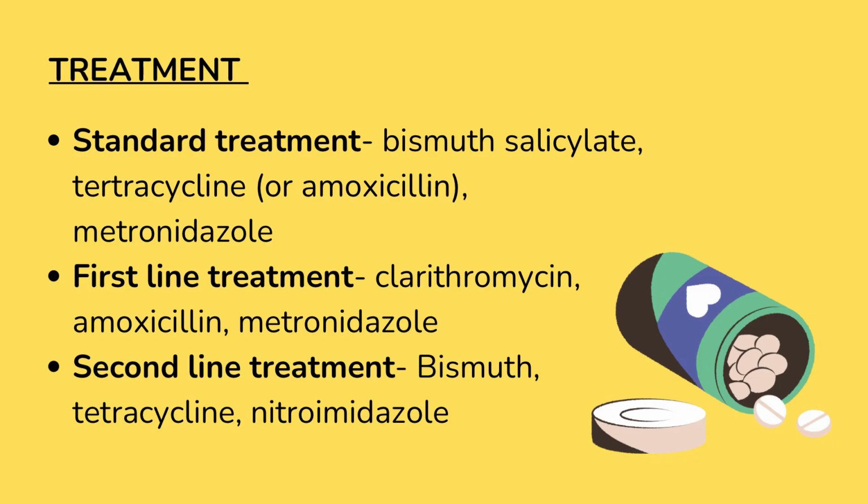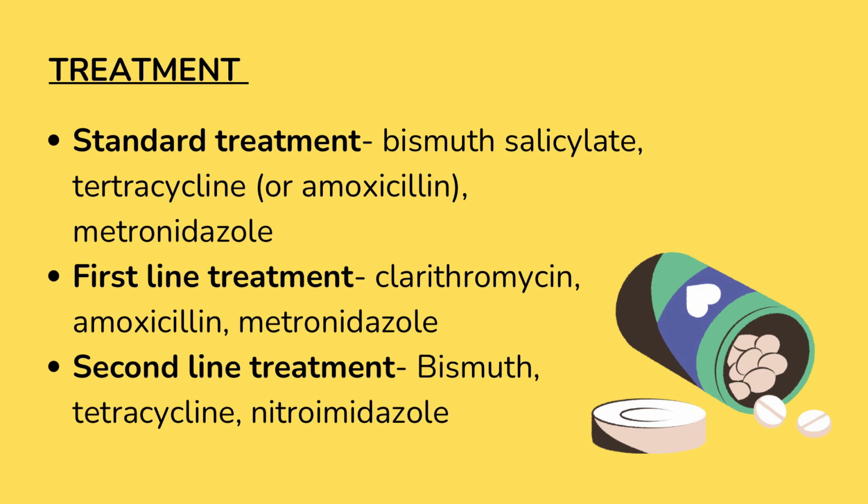The treatment of Helicobacter pylori infection involves a combination of antibiotics and acid suppressing medications. The standard treatment includes the usage of bismuth salicylate, tetracycline or amoxicillin, and metronidazole. The first-line treatment is the most widely used treatment method and it involves the usage of antibiotics such as clarithromycin, amoxicillin, and metronidazole.